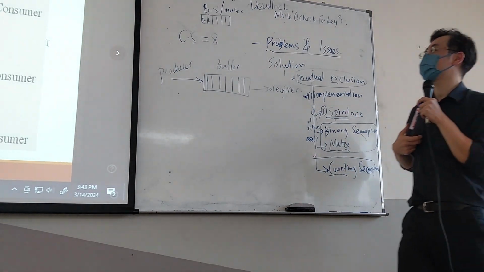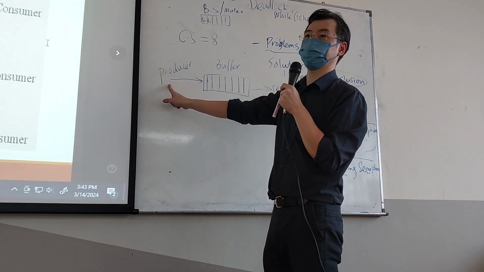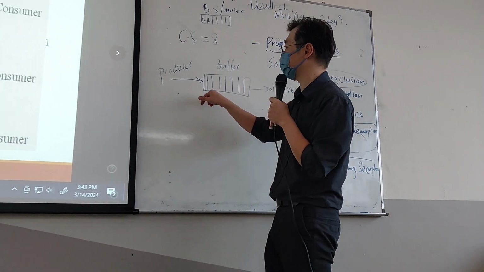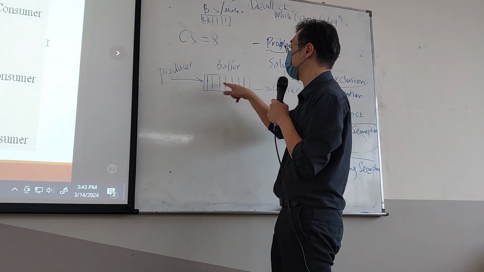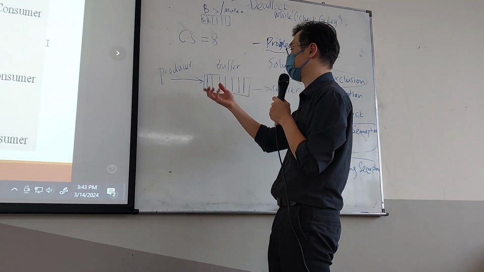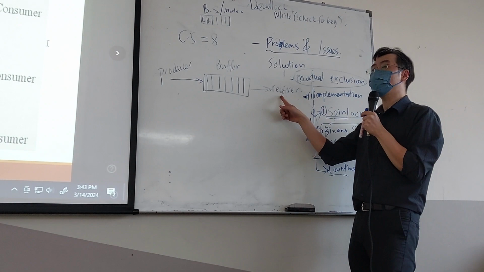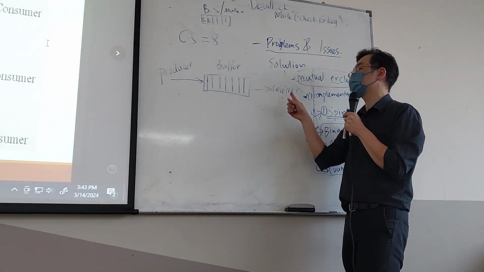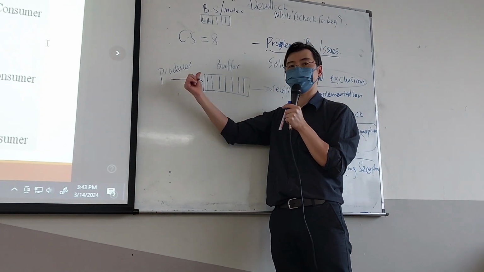So that's how the counting semaphore is used by the producers, to count how many slots are empty, so that you can fill in. But once the empty slots are finished, it's full already, then it has to be blocked. And the only way for it to be unblocked is by the receiver. The receiver will help the producer to unblock.